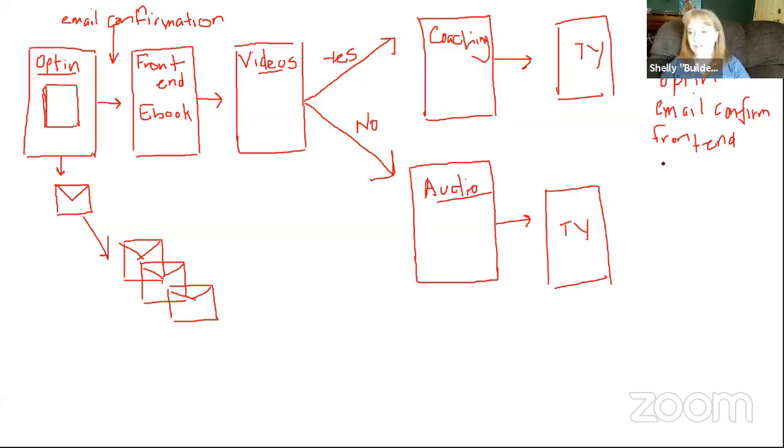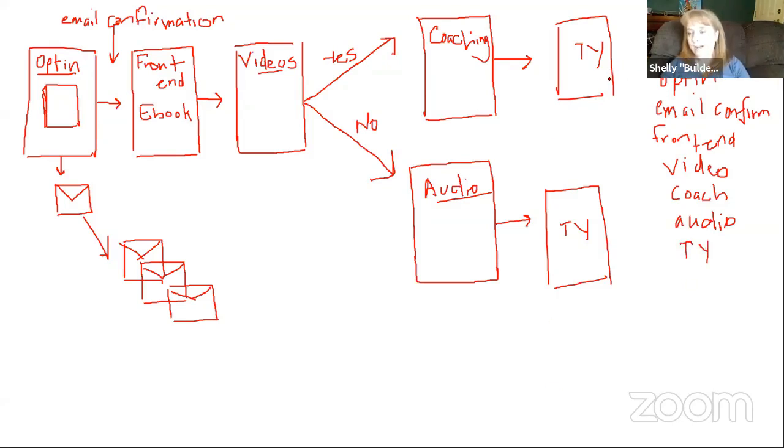And we need the video page. And we need the coaching page. And we need the audio page. And we need the thank you page. Right? So we need all those pages.